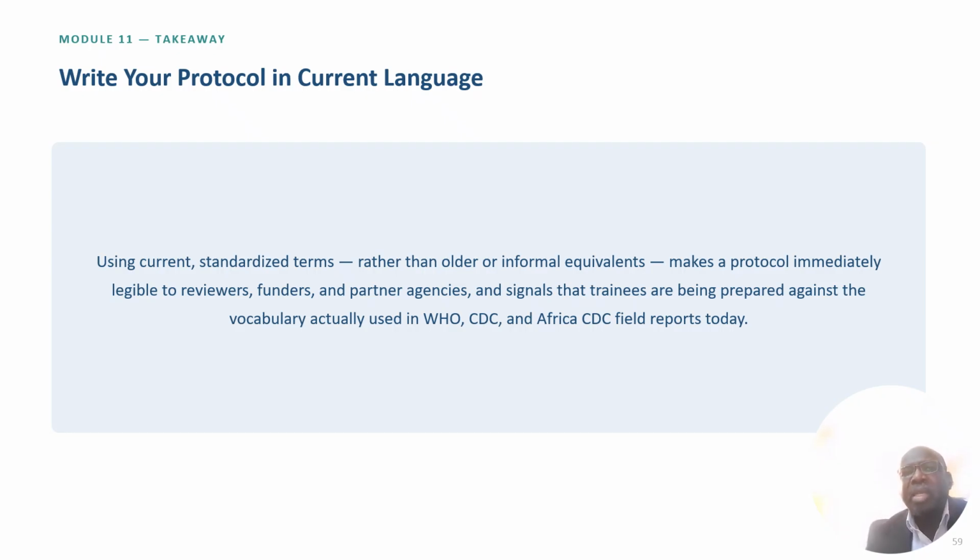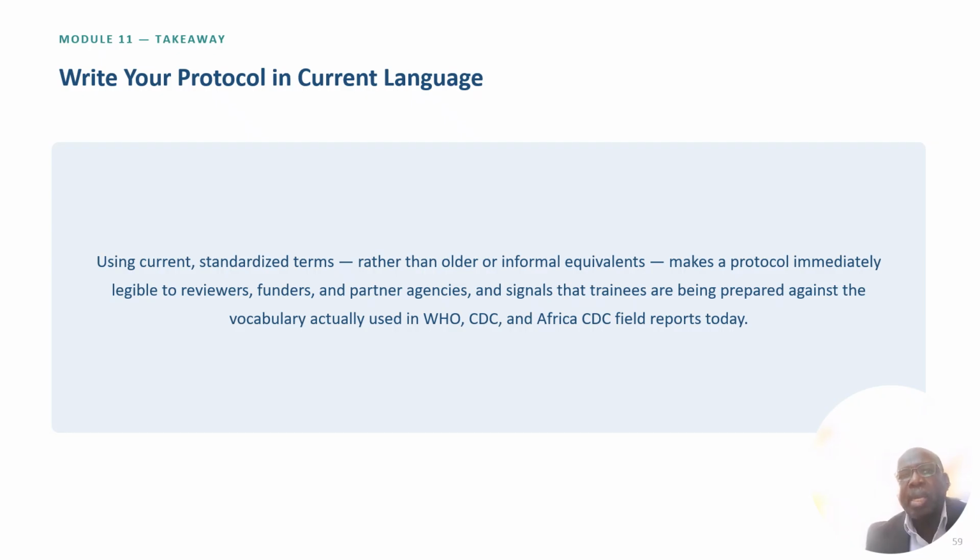Writing a protocol means writing your initial plan on how you are going to deal with this outbreak. This is the initial part of your outbreak investigation, especially before providing your field response. Using current standardized terms rather than the older or informal equivalents makes the protocol immediately legible to reviewers, funders, and partner agencies.